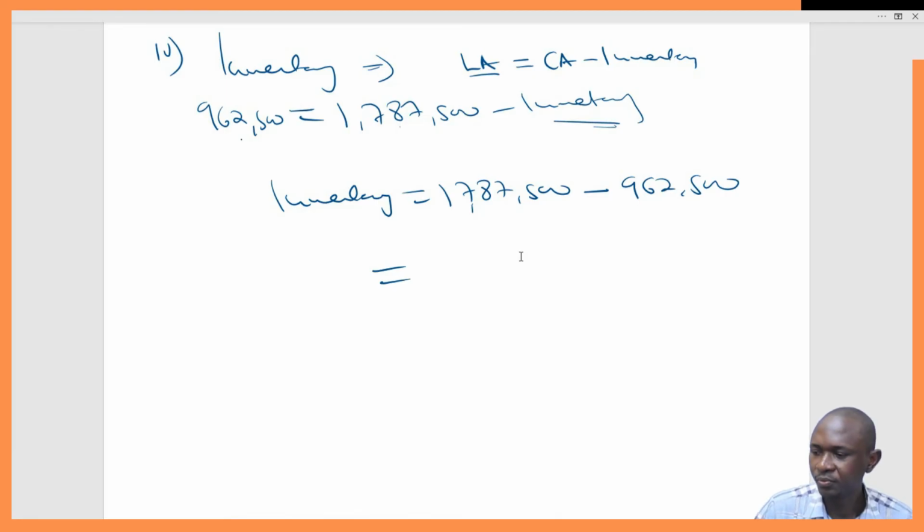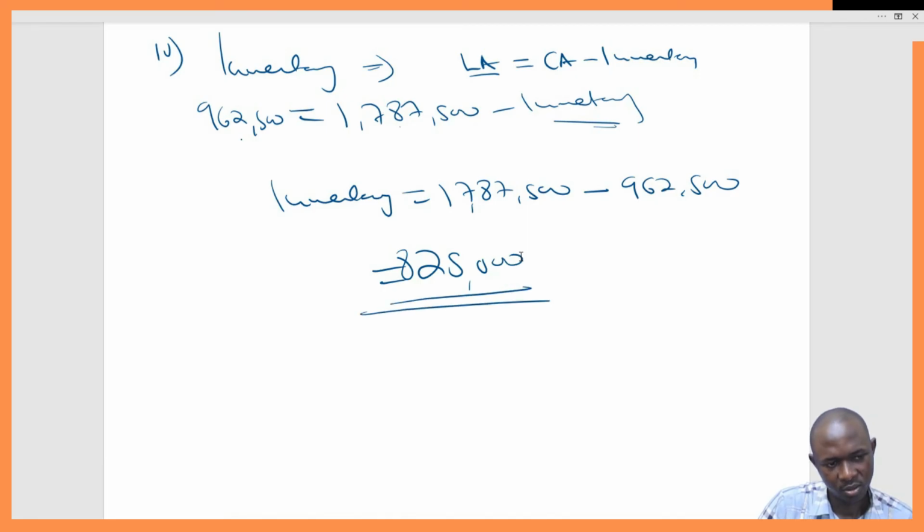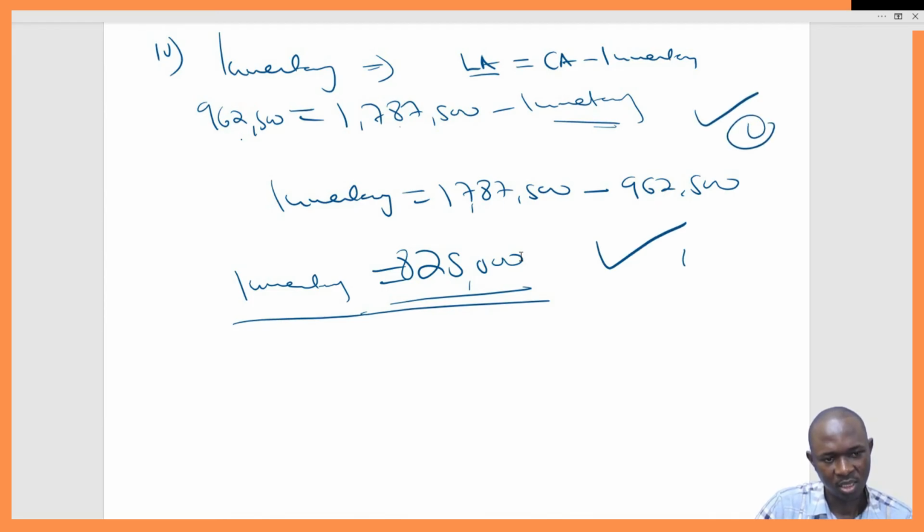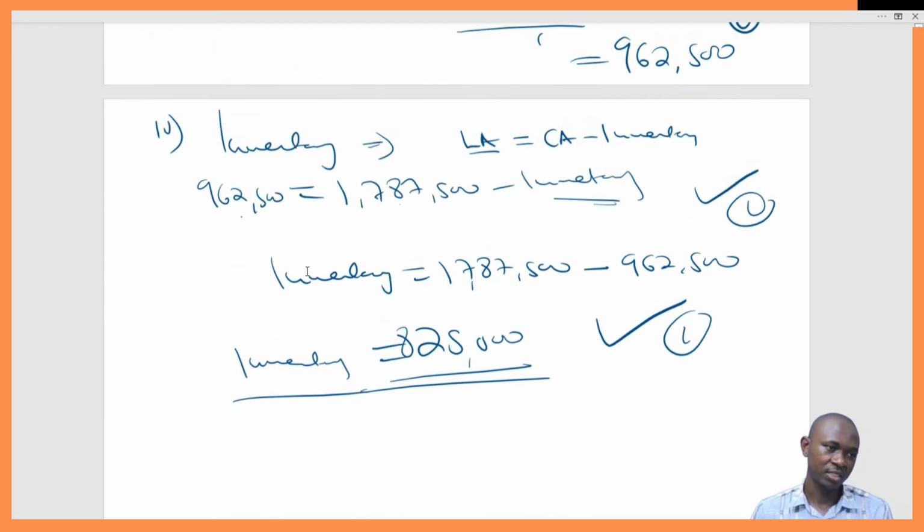This gives you 825,000. So that becomes our inventory figure. Again, 1 mark, like that. So that's how you get your 8 marks.